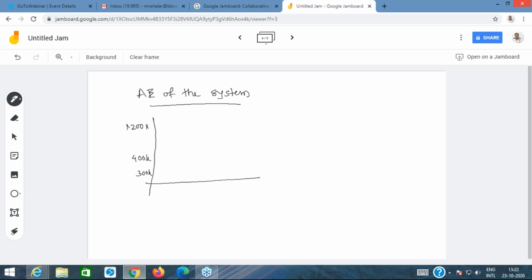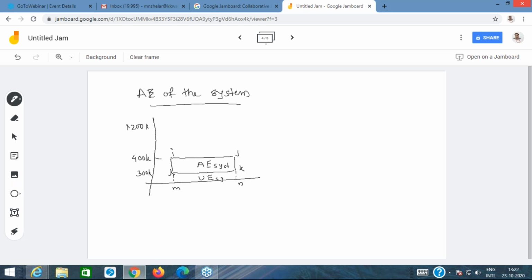So the available energy would be the area I, J, K, L. And with this M and N, the portion L, M, N, K is the unavailable energy part of the system.